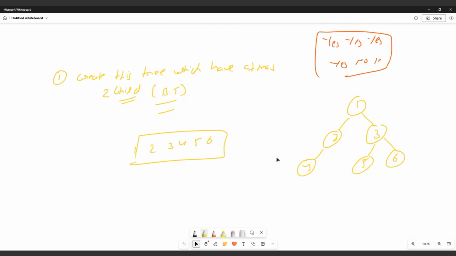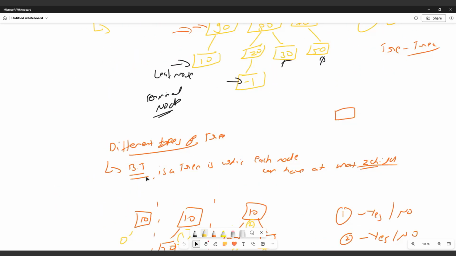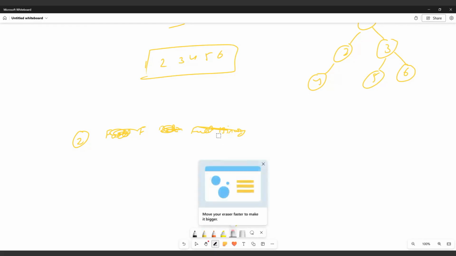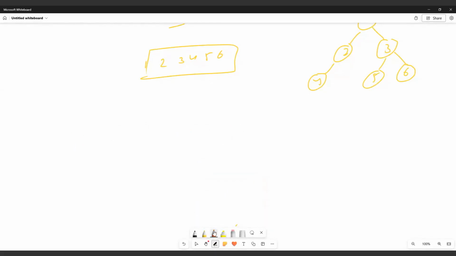We have discussed different types of trees, we discussed the binary tree, and now I am going to discuss the full binary tree. It would be difficult for you, so we are going to discuss these concepts later because they require different knowledge.